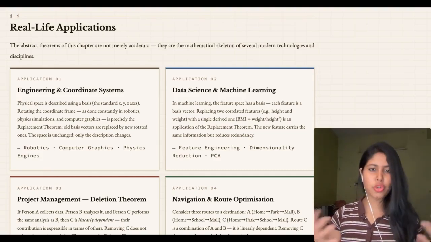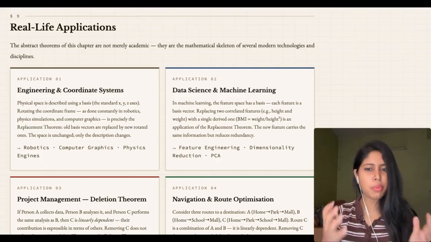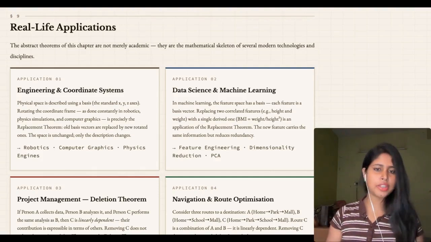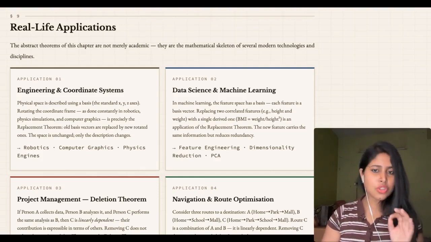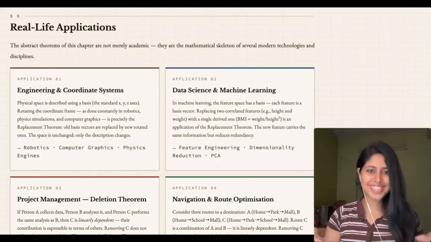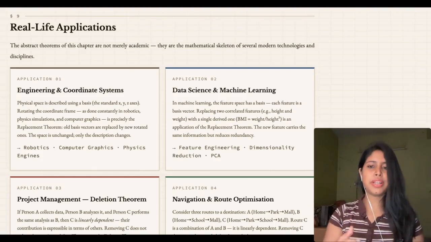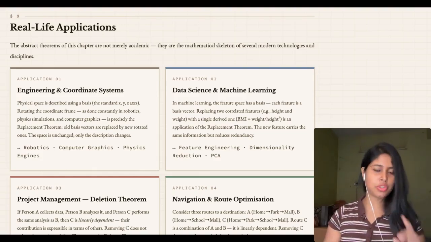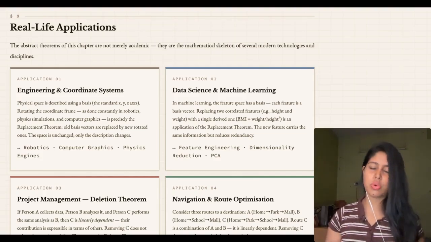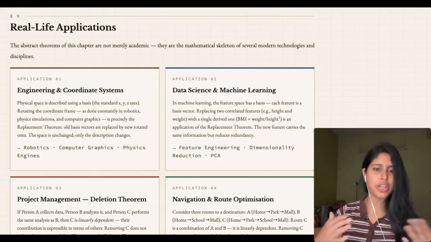Everybody knows what BMI is, right? That is body mass index, which is basically a combination of both height and weight. And that is literally the replacement theorem in action. We have replaced two original basis features, height and weight, with one combined feature that still captures the same information. This is what the replacement theorem does in real life.